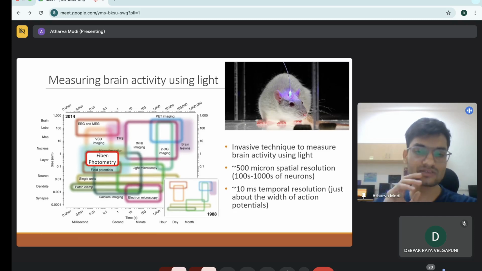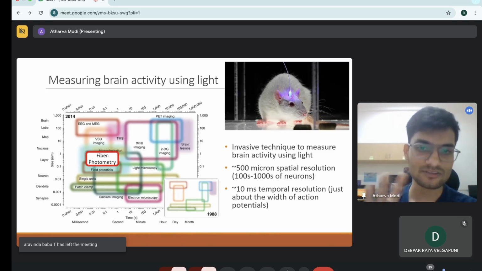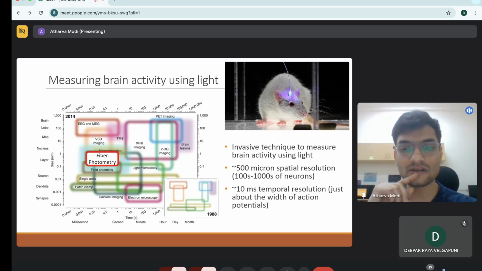So it gives us not bad temporal resolution, not very good temporal resolution, but the spatial resolution also can be improved, which I will mention how we do, to individual cell levels.